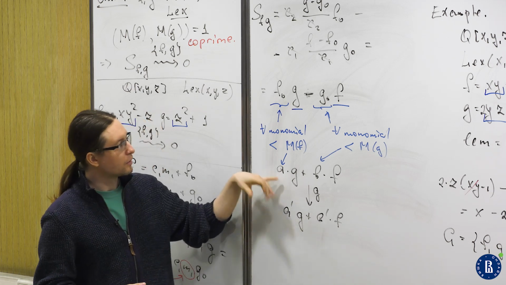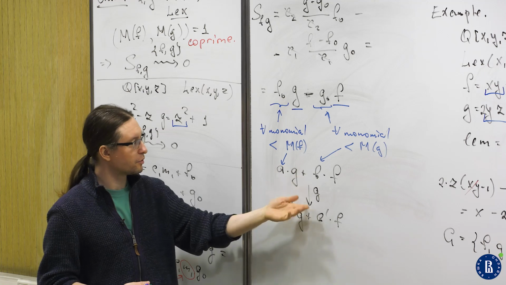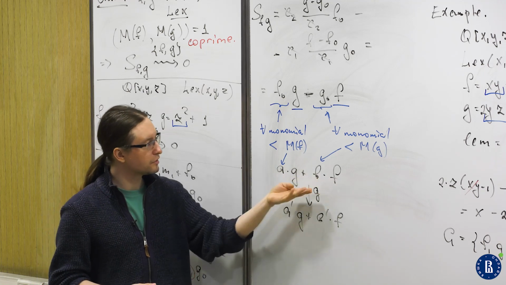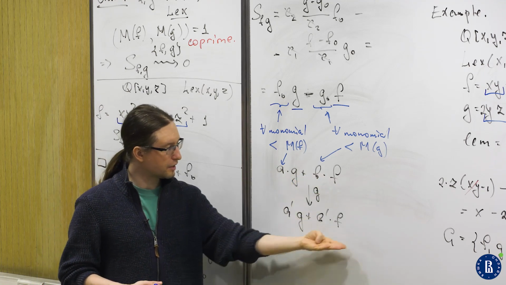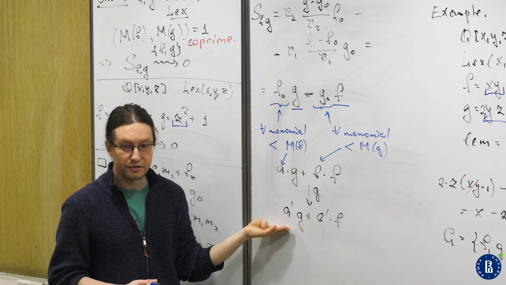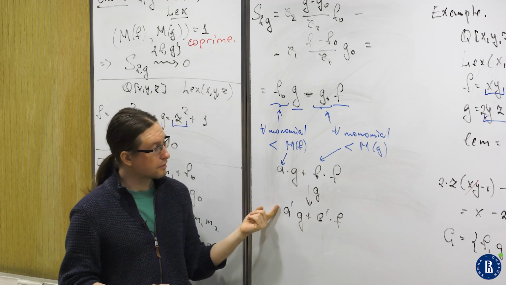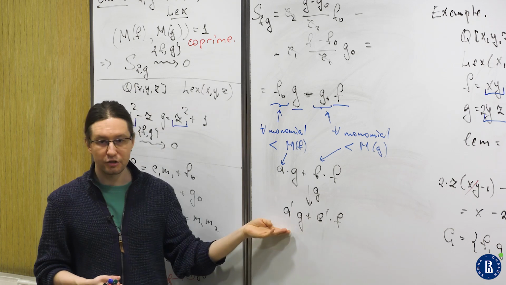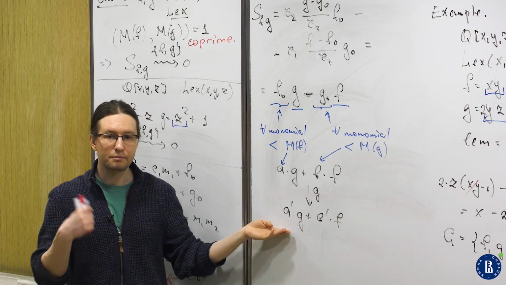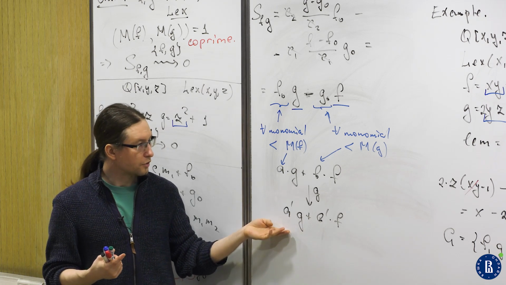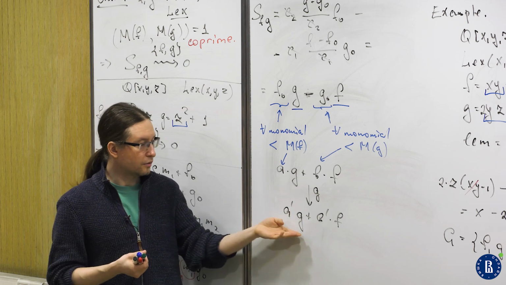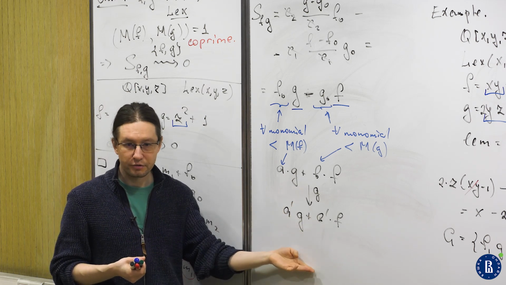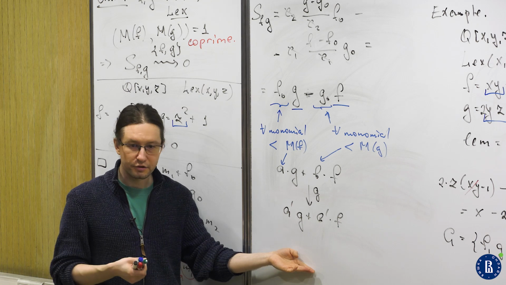Why? Because let's start the reduction process. We know that after each reduction, an expression of this form becomes an expression of this form, so the remainder must also be an expression of this form. So if the remainder is not 0, then you can proceed with the reduction process. So this is a contradiction.